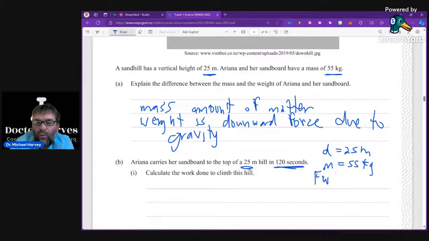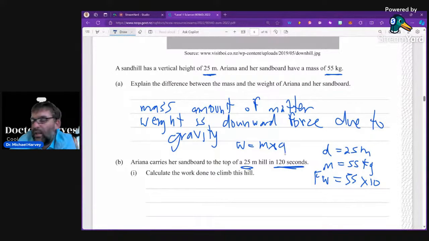weight force, which is going to be 55 times 10, because remember, also from your equations, that weight equals mass times gravity, and gravity is usually 10 in level 1 exams. Okay, so it's going to be a weight force of 550 newtons.